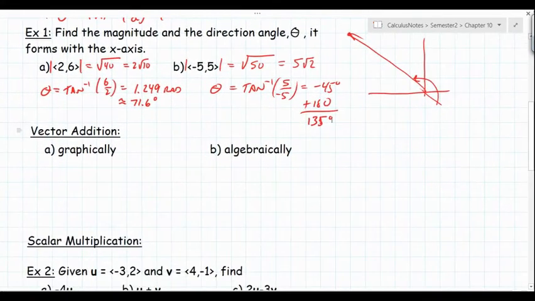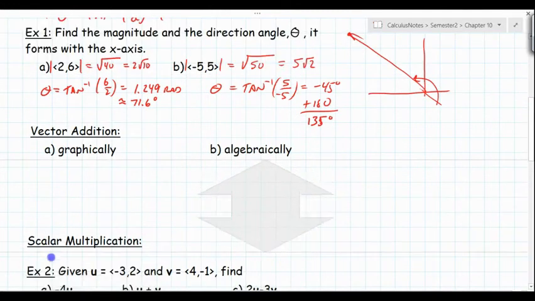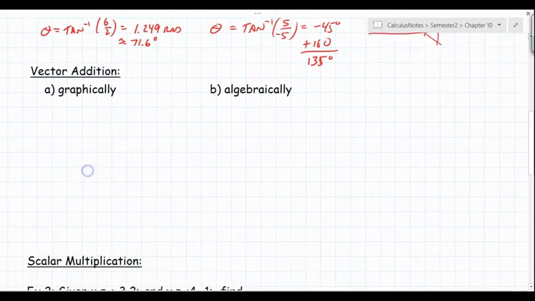Okay. Vector addition, we can do graphically and algebraically. Let's say I have a vector u that goes 2 units in the x direction, 1 unit in the y direction. So that's vector u.